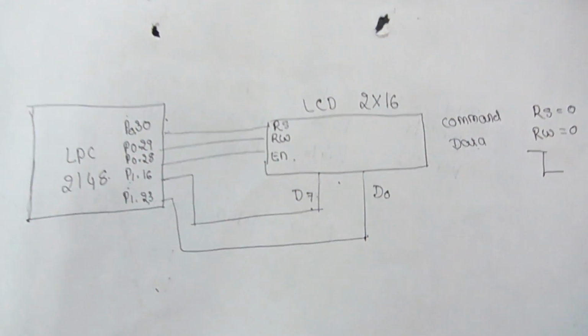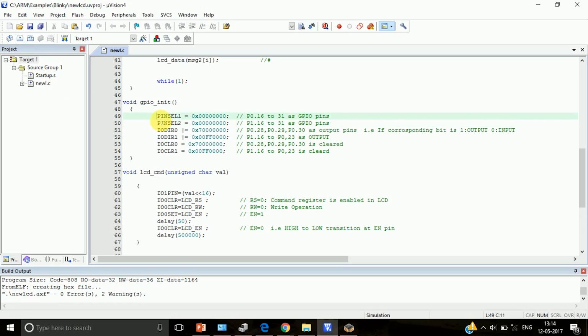So in this program we are just going to configure pin select 1 and pin select 2. Here you can see all these pins are configured as 0, 0 because we want to use all these pins as GPIO pins. The next one is IO direction.